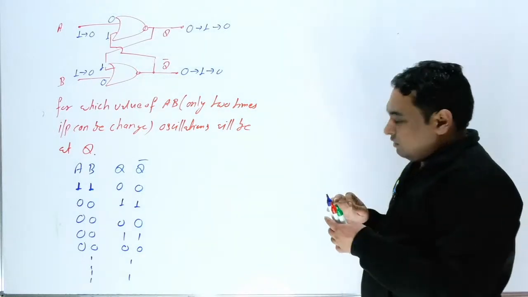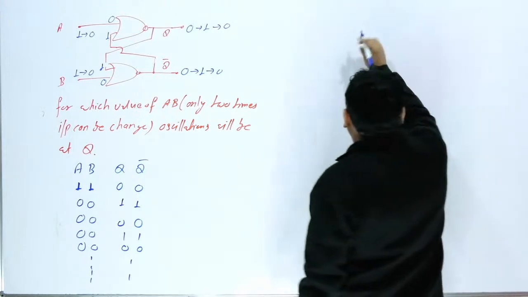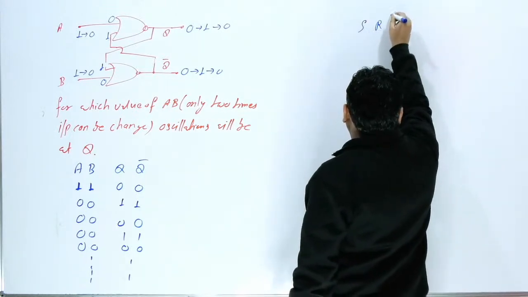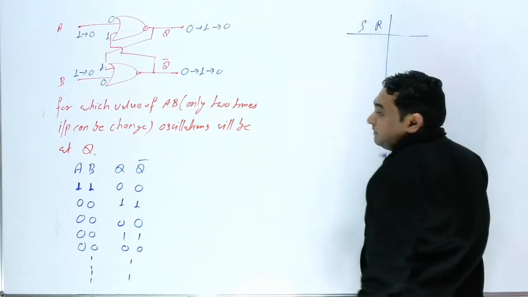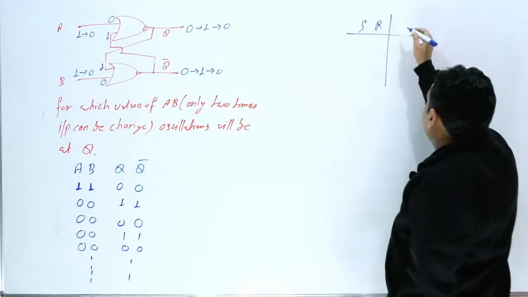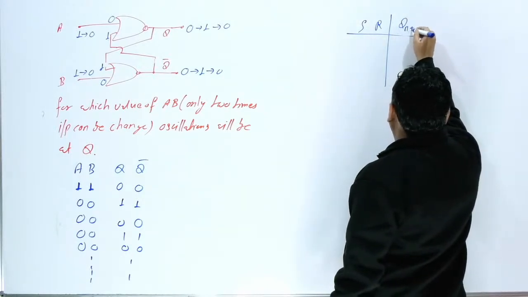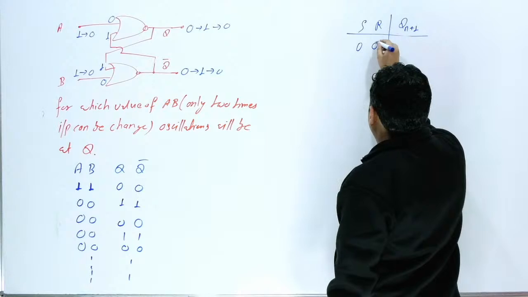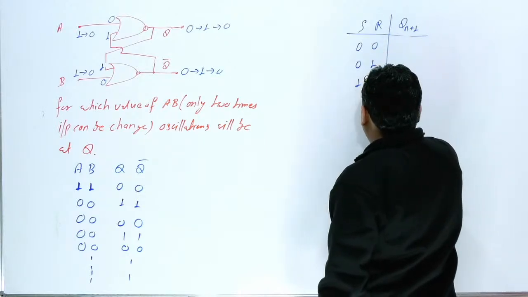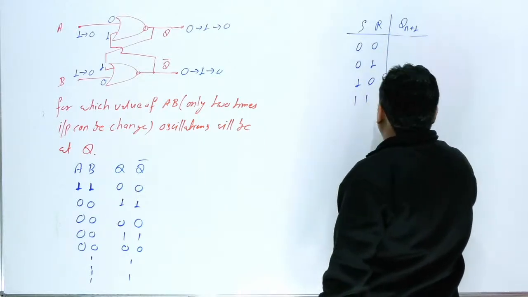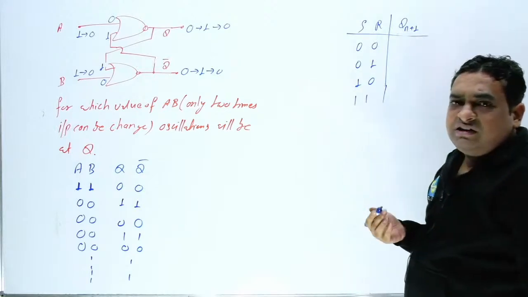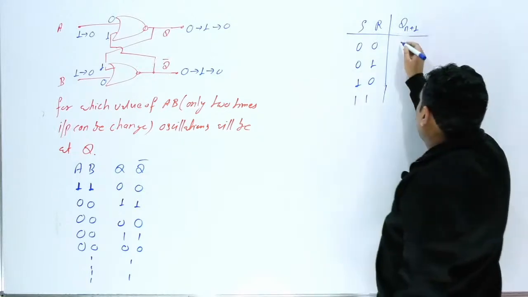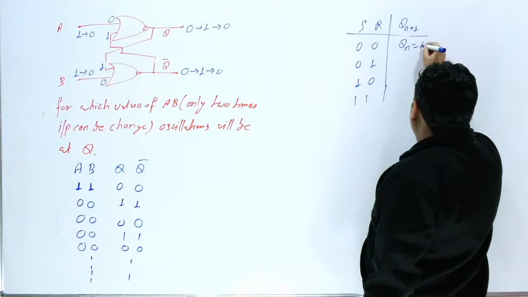Now, if I am going to write the truth table for the SR flip flop, we always write the truth table for the active high category. Let the next state be Qn plus 1, with inputs 0 0, 0 1, 1 0, and 1 1. When set and reset are both 0 0, nothing will happen, so there is no change.